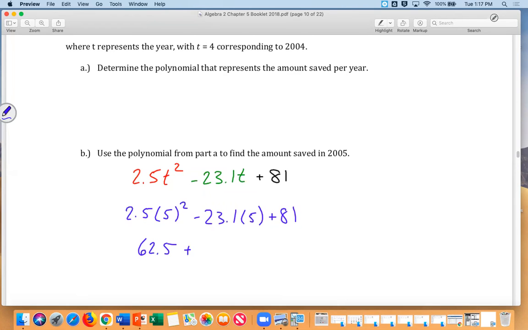Hold on. And then negative 23.1 times 5 is going to be negative 115.5, plus 81. So 81 and 62.5, that's 143.5. So 143.5 minus 115.5, we're looking at 28. Yeah, that's 28. They save $28. Woo. All right.